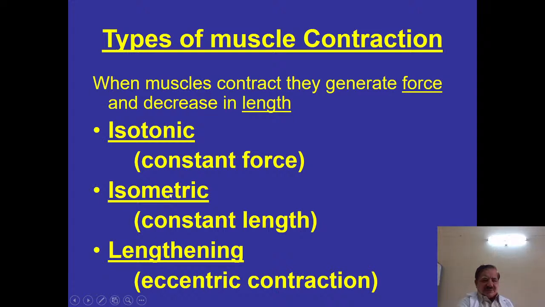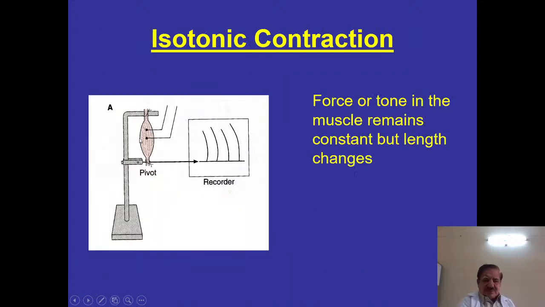Isometric means the length remains the same, but the force changes. In isotonic, the force or tone in the muscle remains constant, but the length changes.